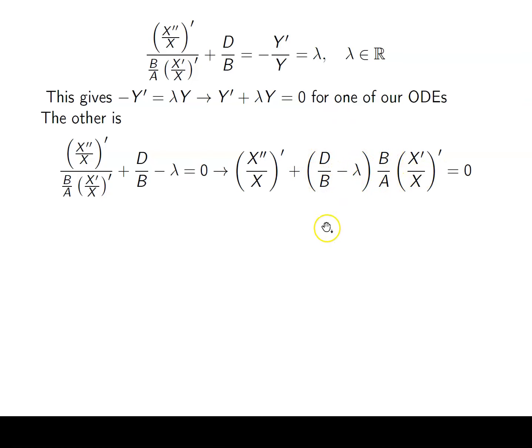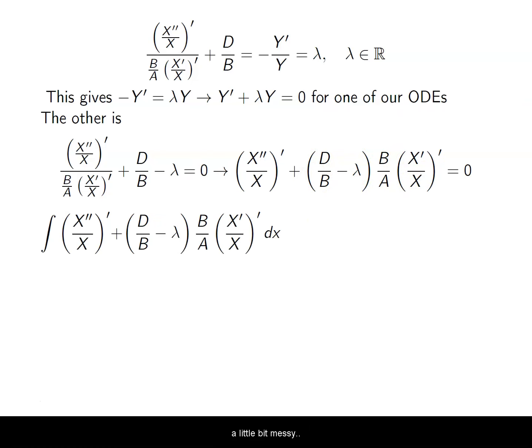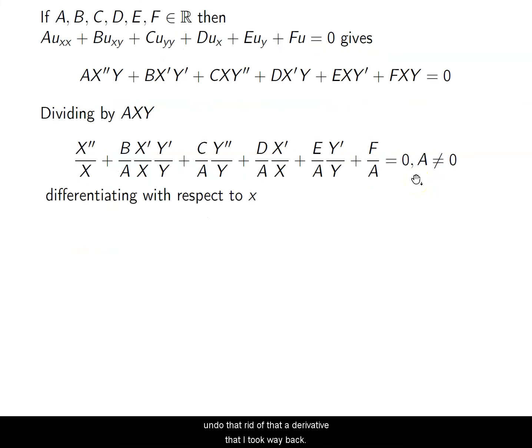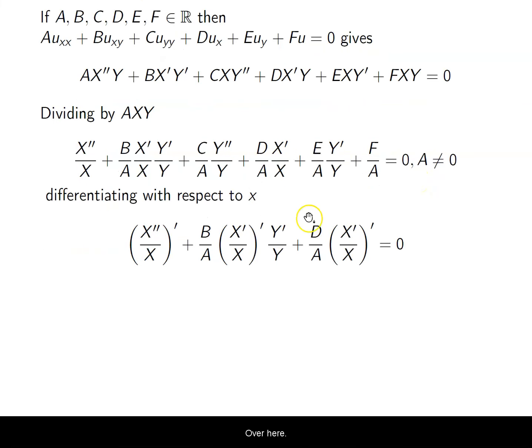We're working with things in general terms, so they can get a little bit messy, right? So what I'm going to do is integrate this. I have one term that's a derivative plus another term that's a derivative. So taking the integral just helps me to undo that derivative that I took way back over here.